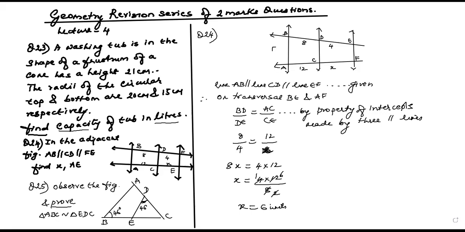This is question number 25, children. In the new syllabus, this theorem, which I have written here as property of intercepts made by 3 parallel lines, is very correct, children. This is what we write in the old books.